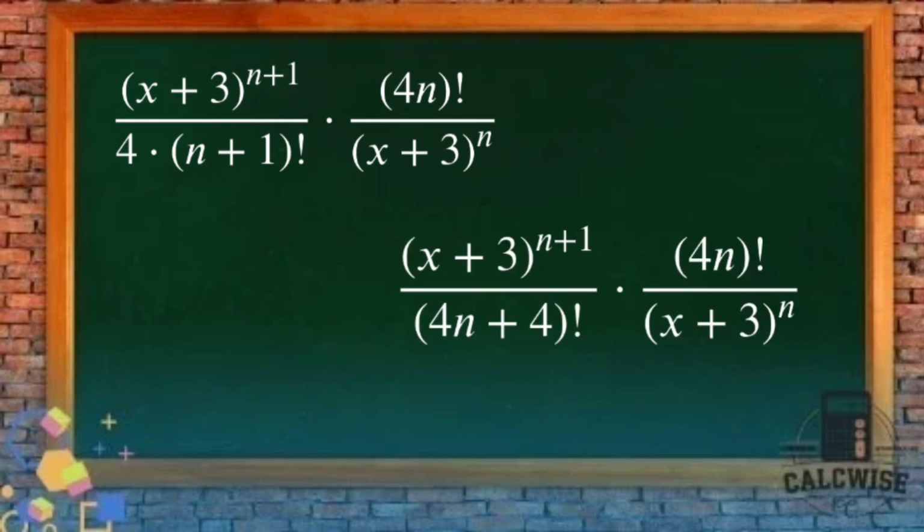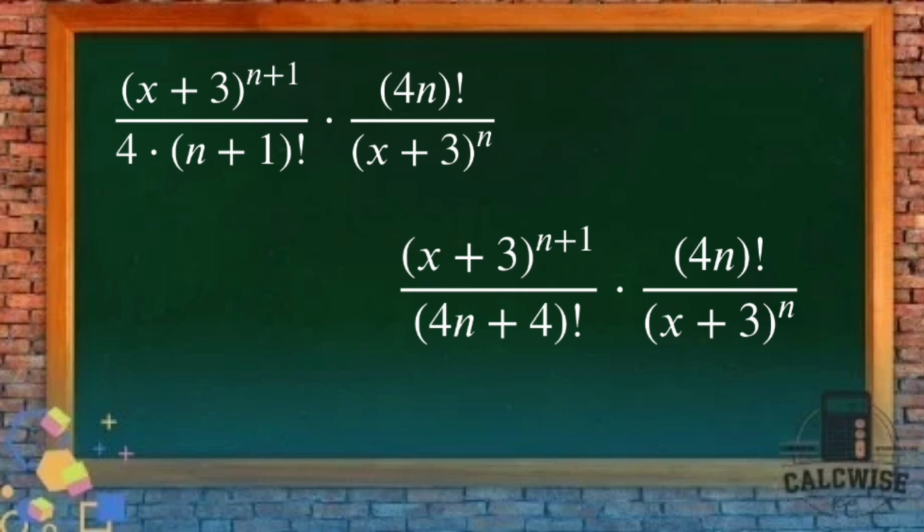So let's simplify the expression. (x plus 3) raised to n plus 1, we could say that as (x plus 3) raised to n times (x plus 3) raised to 1. And then 4 times n is equal to 4n, and 4 times 1 is 4, so we have (4n plus 4) factorial.